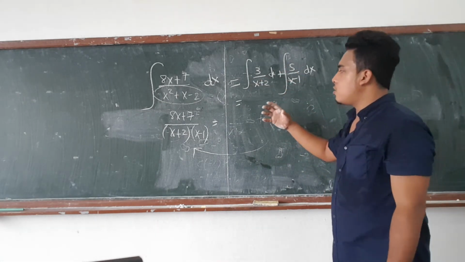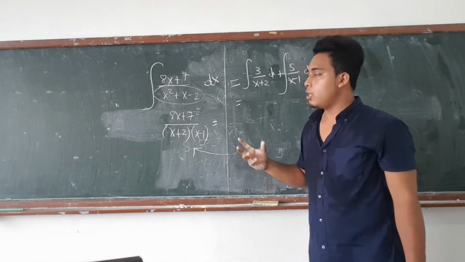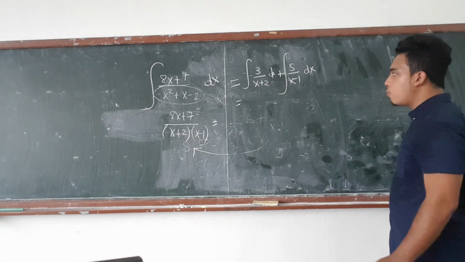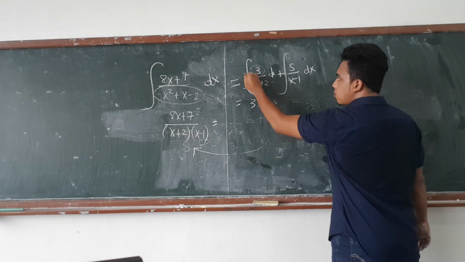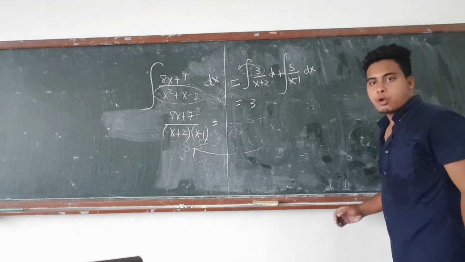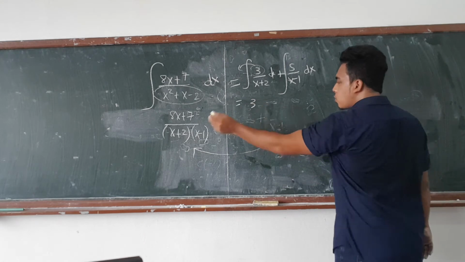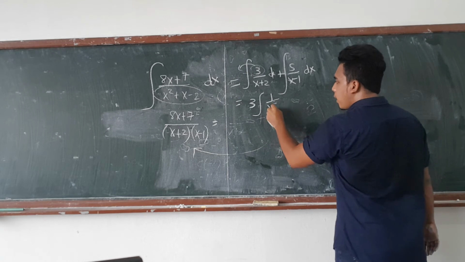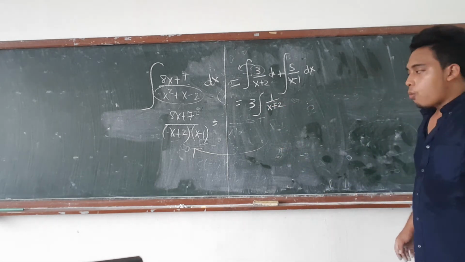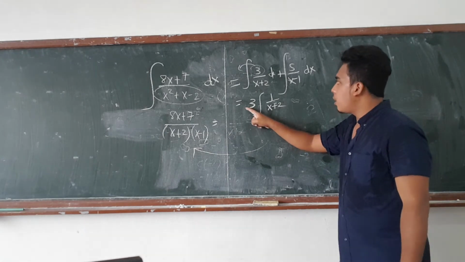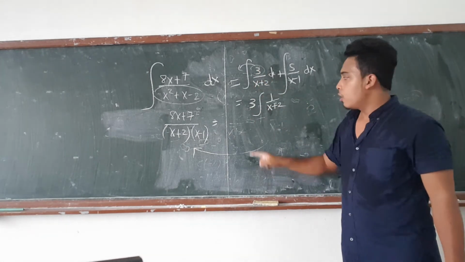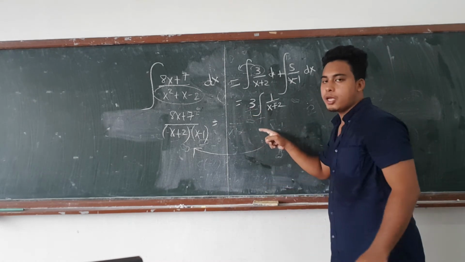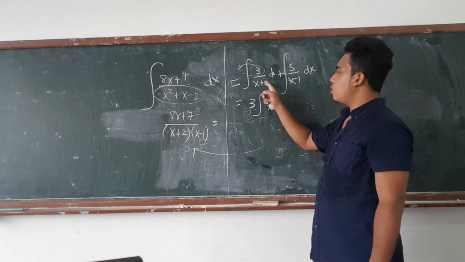So what is the answer for this expression when we integrate it? Since 3 over x plus 2 is a constant 3 times 1 over x plus 2, the constant comes out, by the constant rule in integration. 3 integrate 1 over x plus 2. 3 times 1 is 3, and since a whole number has a denominator of 1, 1 times x plus 2 is x plus 2.